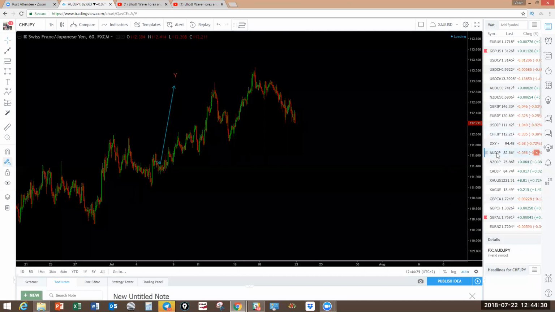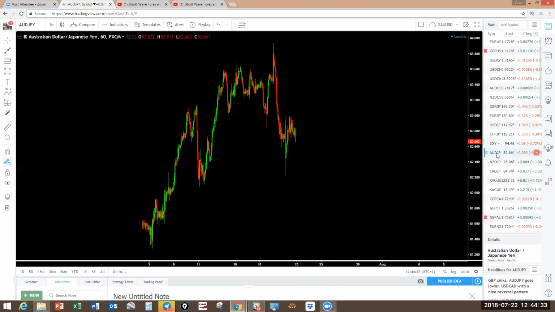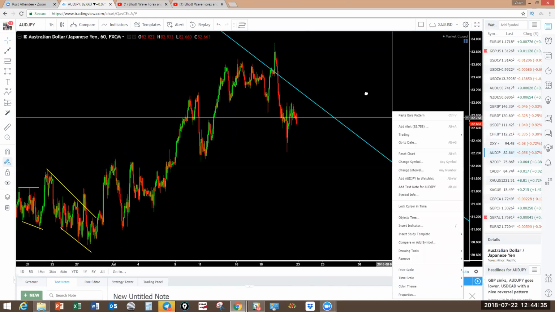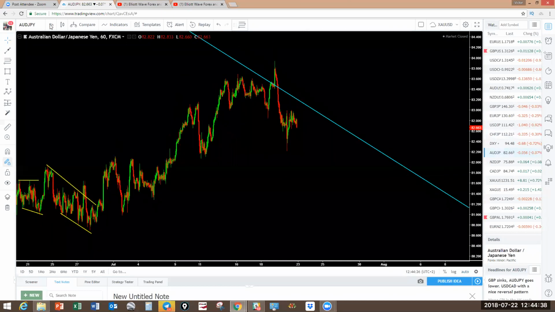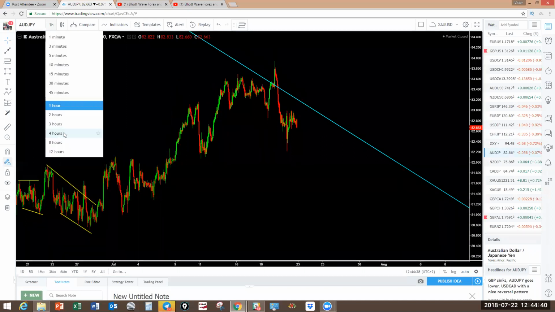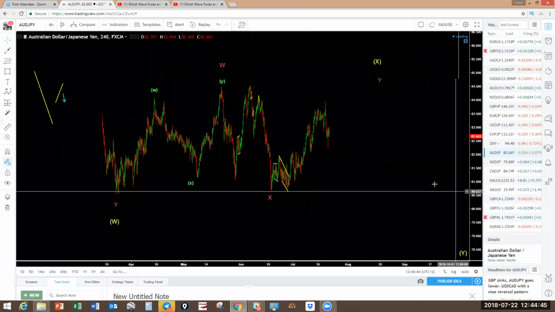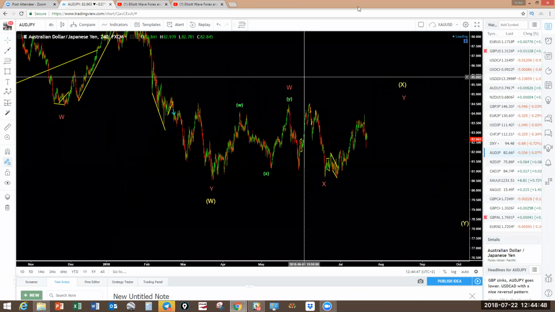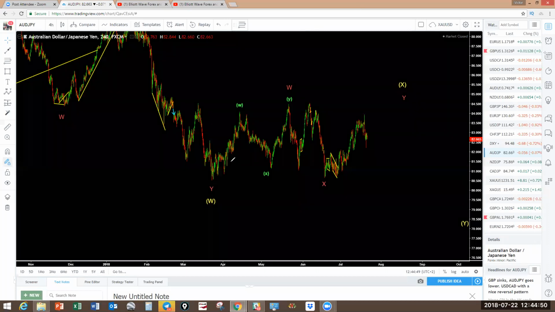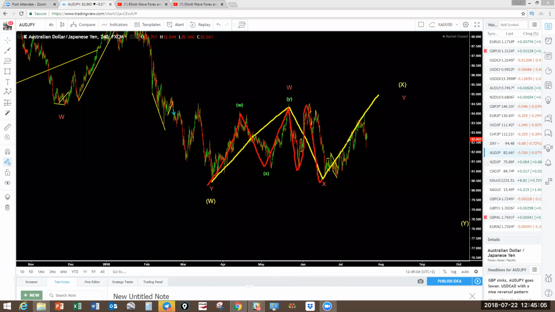CHFJPY. Let's look at AUD now. AUDJPY. Let's go for the hour. So AUDJPY has got a very interesting structure here, and it is now becoming very clear. You've got 1, you've got 2, you've got this one as a 3. So now the question is whether this 3 is going to end something like this. You see here, you've got 1, 2, 3 making a W. You've got 1, 2, 3 making an X. You've got 1 here.